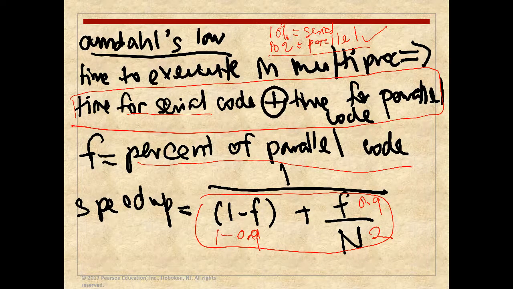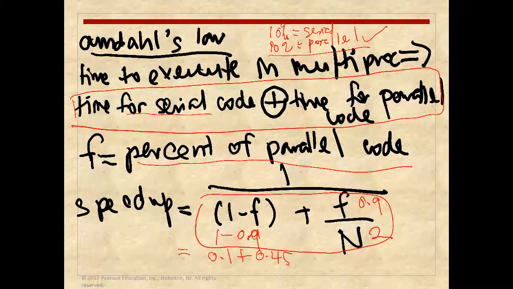So eventually we will get 0.1 plus 0.45, which is 0.55.